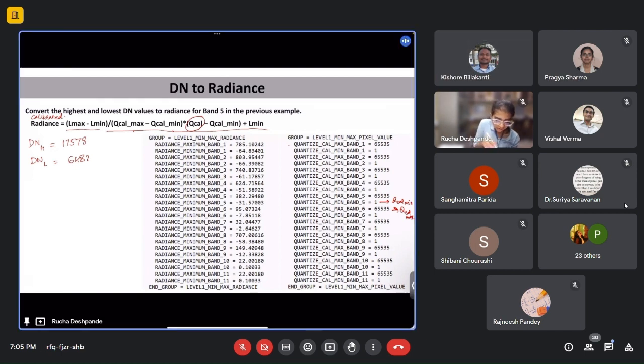No. This is the radiance value. These radiance values are measured at the sensor, so they are given here for band 5. This is radiance max and this is radiance min. So this will be L max, L min.